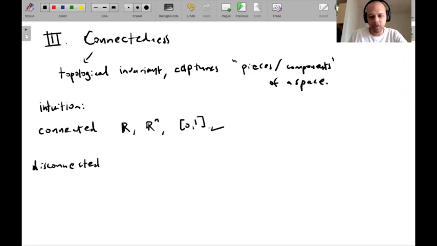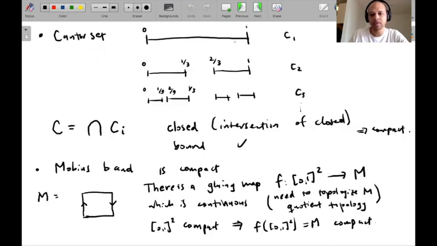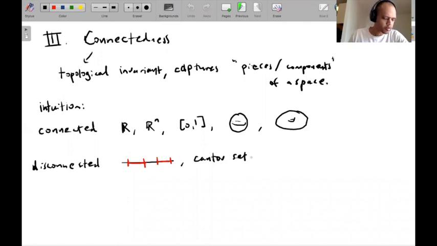Similarly, the two sphere, the torus, etc. Some disconnected spaces, well, you can easily find disconnected subsets of the real line, something like this, or maybe the Cantor set is a good example. Cantor set has many pieces.